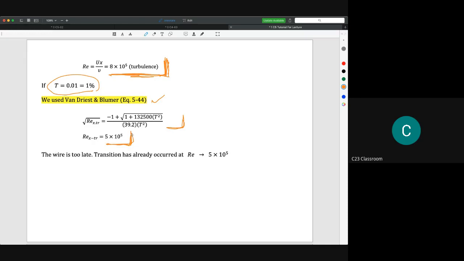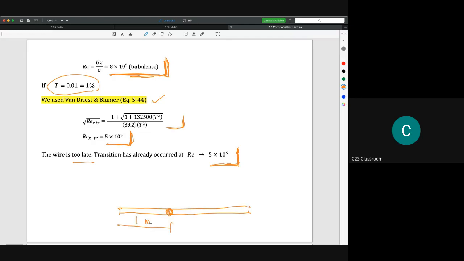So if the wire is too late, the transition has already occurred at Reynolds number 5 times 10 to the power of 5. If the free stream velocity has 1% turbulence, then, if you still remember the question, we have the trip wire at a distance of 1 meter.